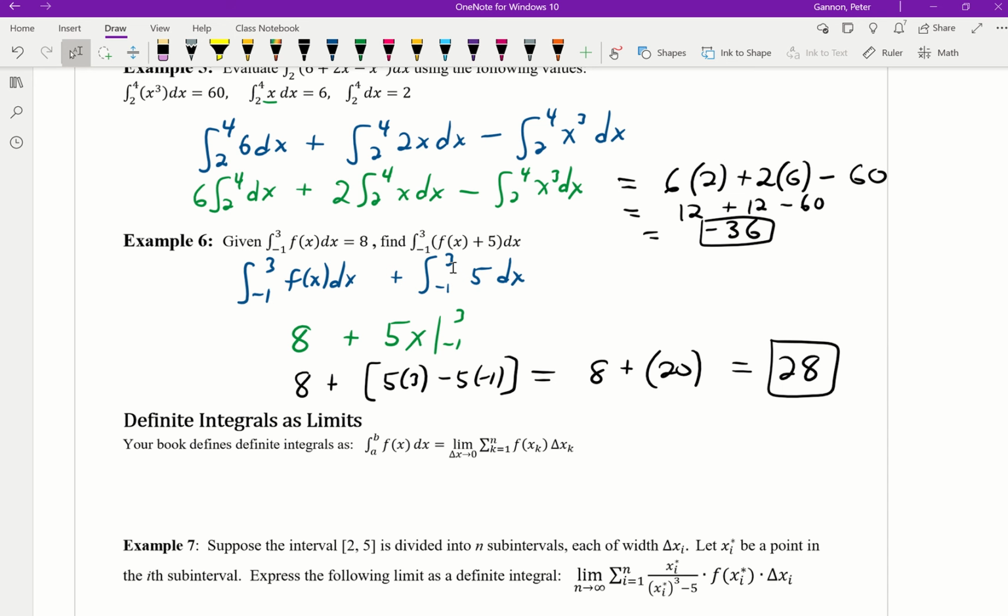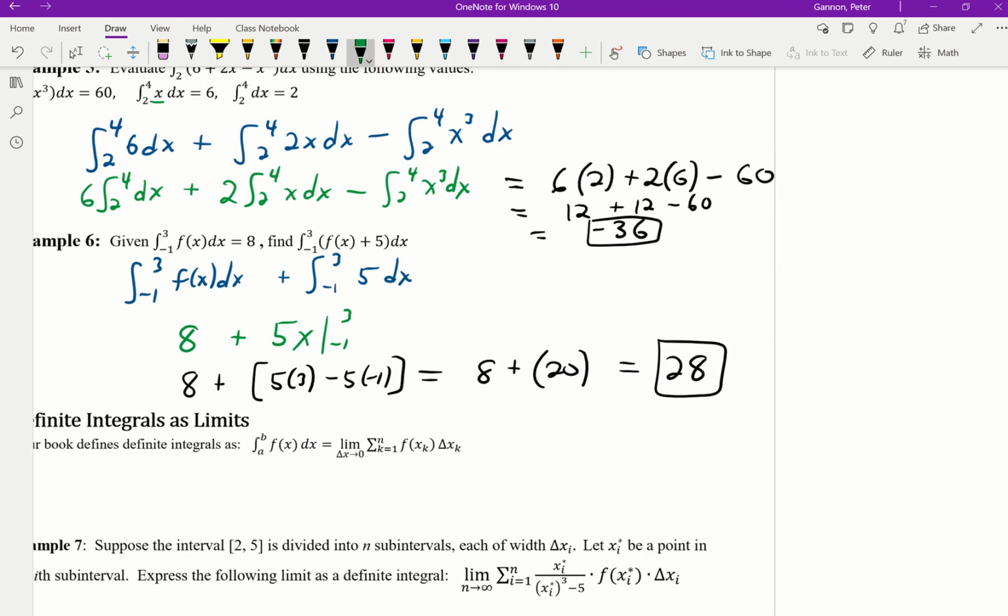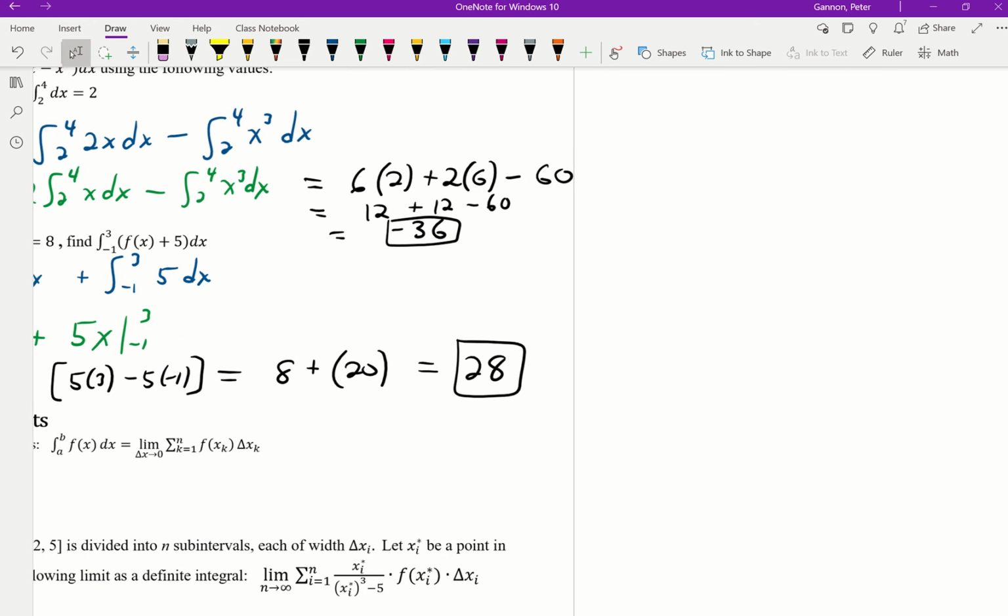And the reason that works is, if you were to think kind of graphically, I'll do this off to the side here real quick. If we have the function 5, the function 5 is some horizontal line at 5. And if we want to take the integral from negative 1 to 3, basically what we're talking about is the area of this rectangle.